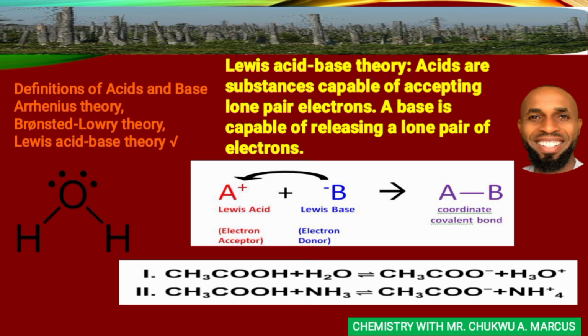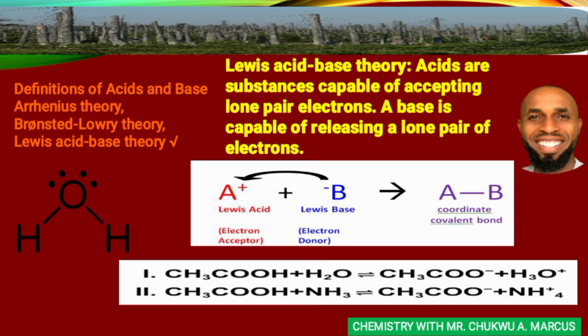He's trying to tell us that as long as ammonia is able to give out its electron pair, it is a base. And as long as ethanoic acid is able to give out its hydrogen ion, which is able to accept the electron pair given out by ammonia, it is an acid.